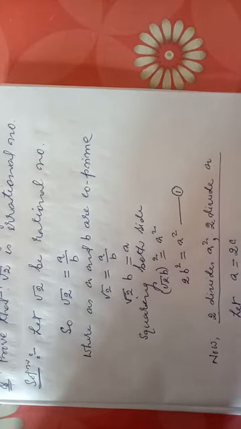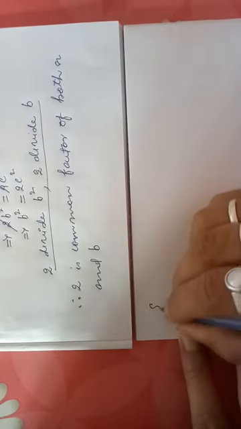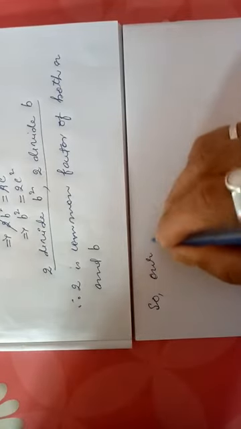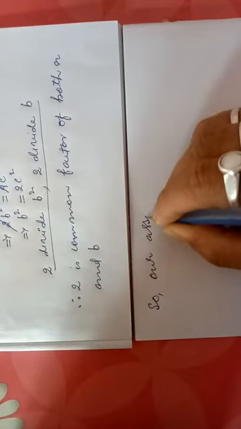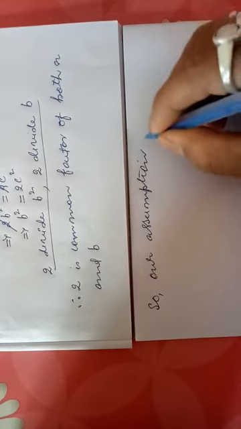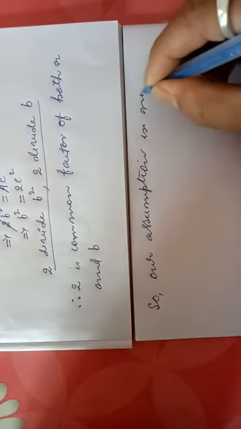If this is not correct, then we call root 2 an irrational number. So our assumption is not correct.